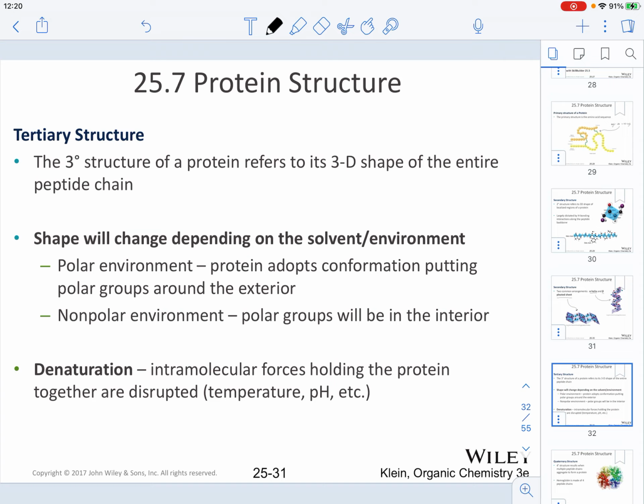Understand that the shape will change depending on the solvent and the environment, but one of the most important things to take into consideration is that the tertiary structure results from interactions between the side chains of the amino acids.